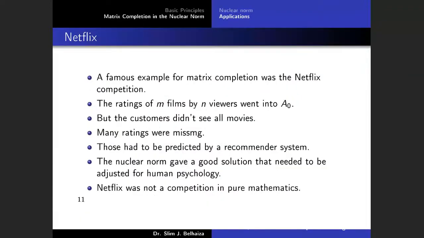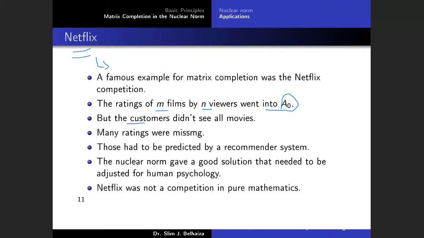A famous example is the Netflix competition; of course, you all know Netflix. The ratings of films by viewers went in a matrix A0, but not all customers saw all the movies.